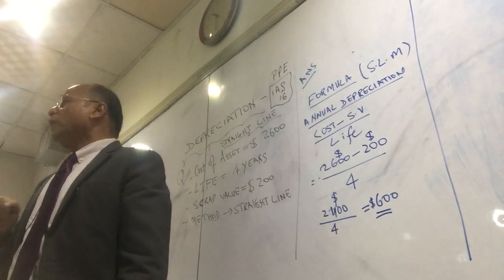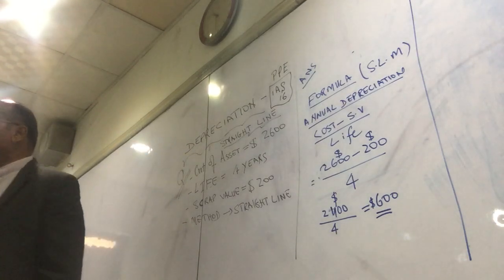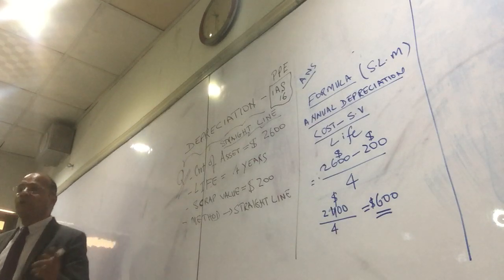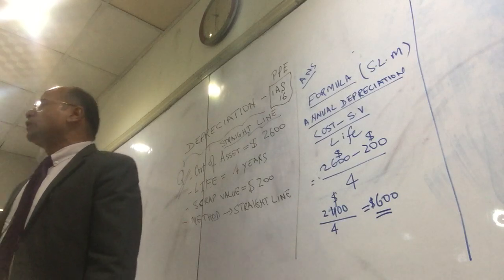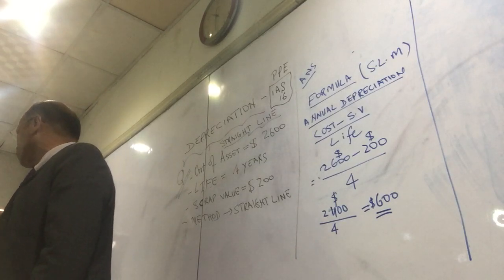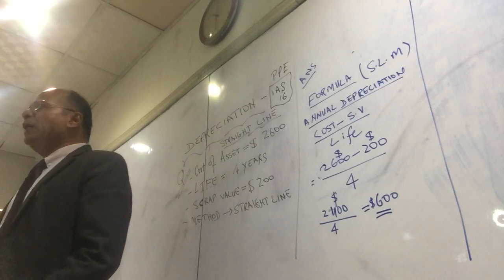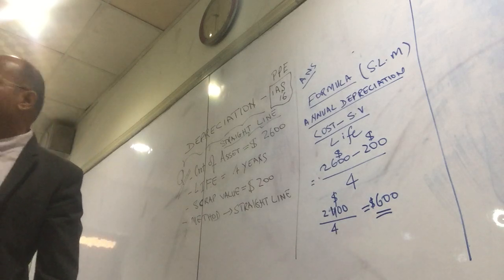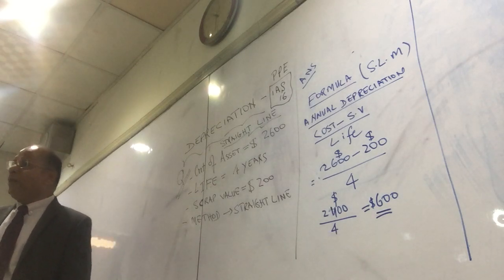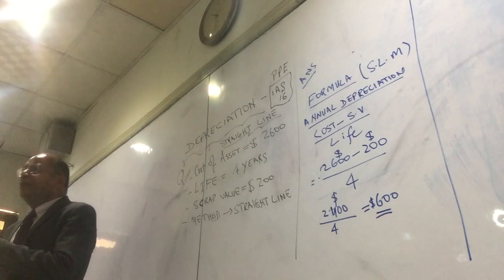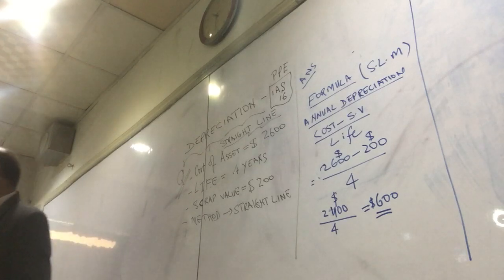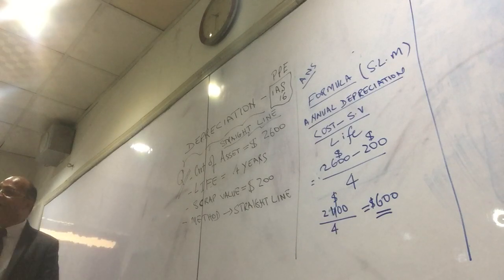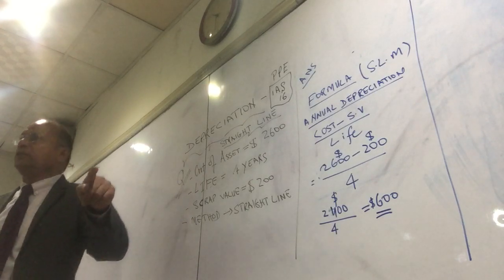In chapter number 10 you will find different concepts, among them the historical cost concept. What does it mean? When you bought a fixed asset, even after 20 or 50 years, if someone asks you the cost of the asset, you will tell the initial cost.